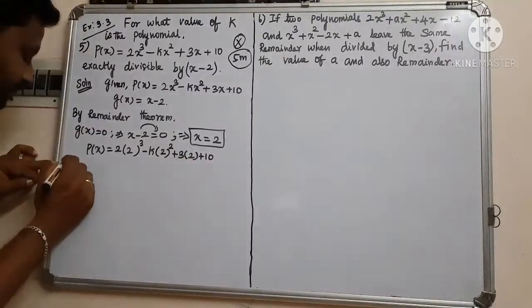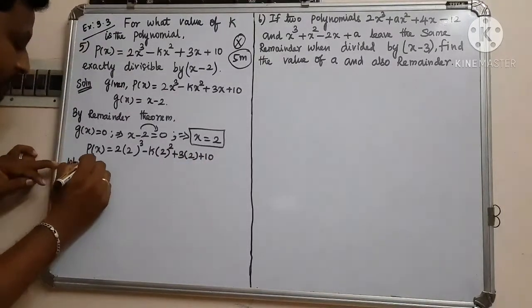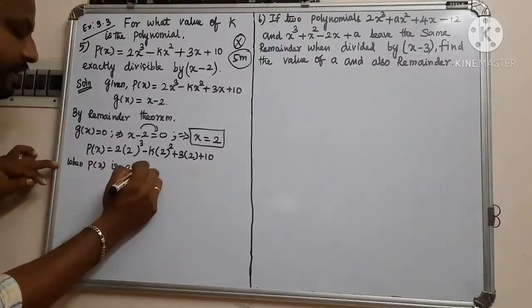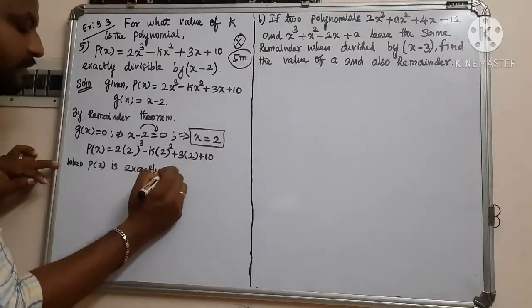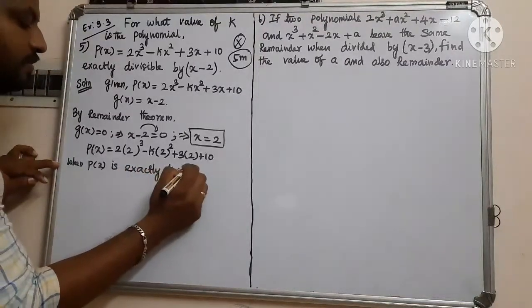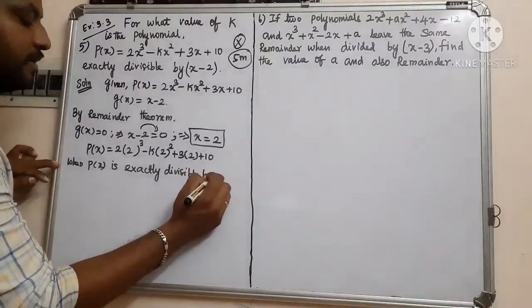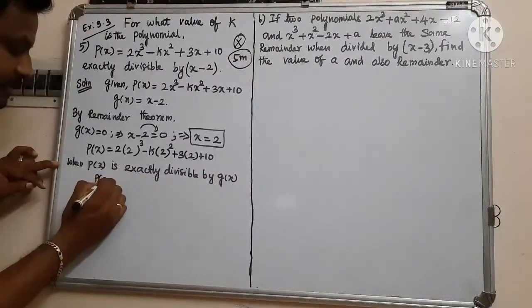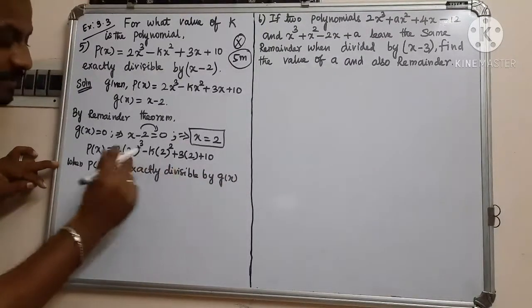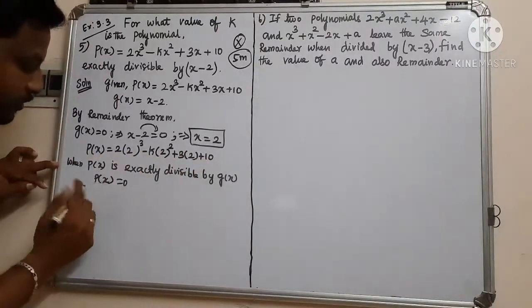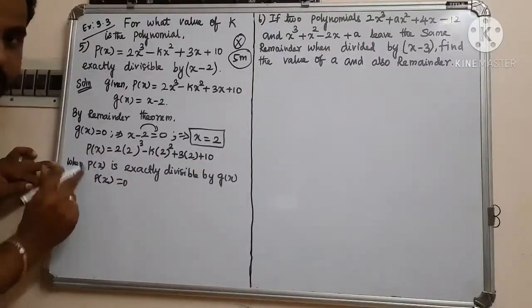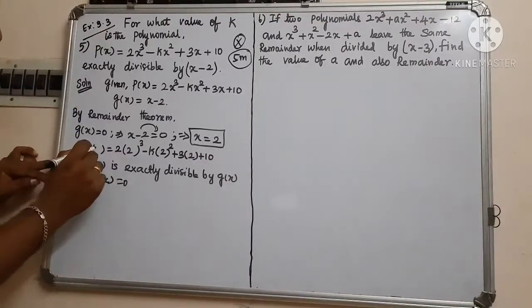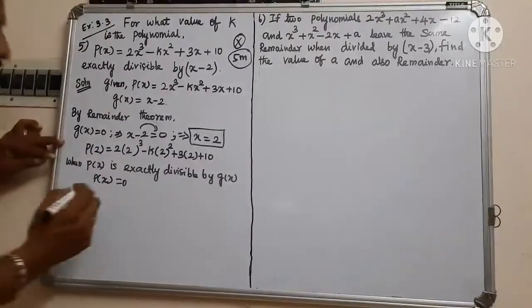So when p of x is exactly divisible by g of x, it means p of x is also equal to 0, which means the whole value must be equal to 0. Instead of p of x, you should substitute the value 0, that is p of 2. P of 2 is also equal to 0.